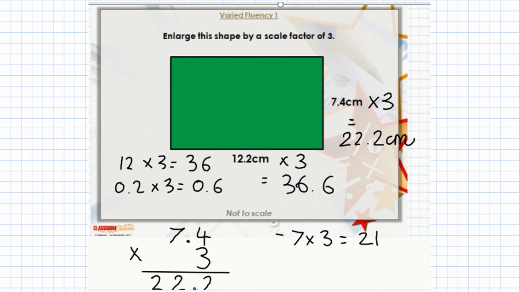And then I've shown column method below, so 7.4 times 3, we don't need to worry about lining up the digits, it's one of the only exceptions. 4 times 3 is 12, 7 times 3 is 21, add the 1 is 22, and we then use estimation. Roughly 7 times 3 is 21, so the answer would be 22.2 centimetres.